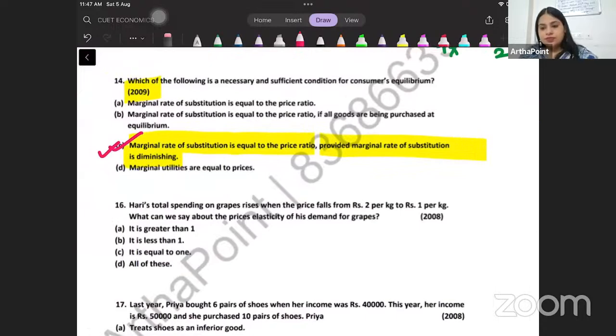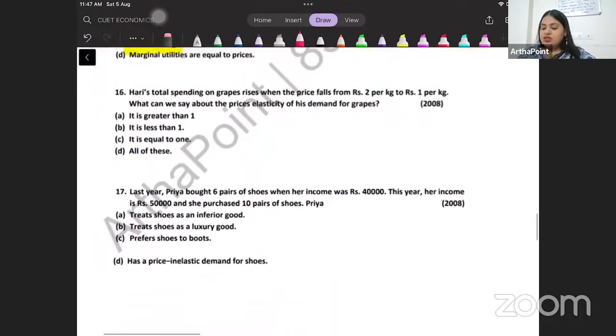Okay. But now come to the next question. The question is saying, Hari's total spending on grapes rises when price falls from 2 to 1. What can we say about price elasticity of demand? I have just done this. Try to answer this question first, then I will do it. Please try this.